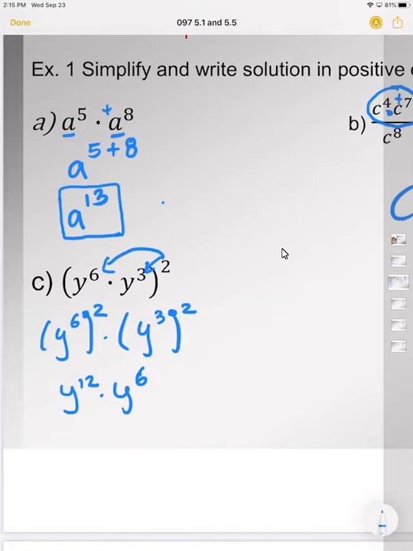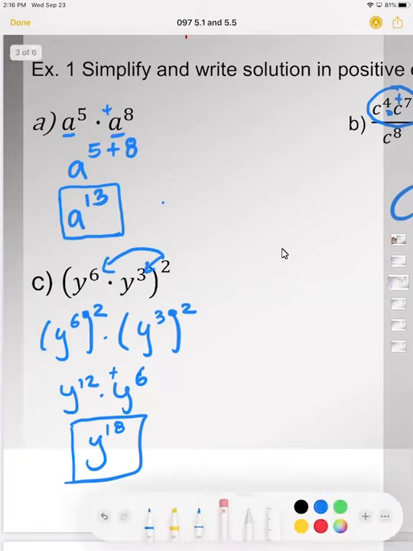And if you can see that we have a multiplication, do you agree that now all I need to do is take the 12 plus the 6 to give me y to the 18? And that is your answer, because there's nothing that you can simplify further.